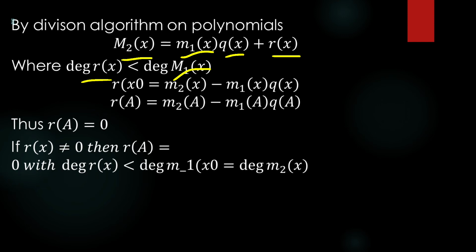So what does this mean? It will mean that if you write this in terms of the remainder, you'll see that this is m2 minus m1 times the quotient. So now, this is the polynomial characteristic based on x. If you replace x with A, the matrix, then this concept will be true. But there's something we know.